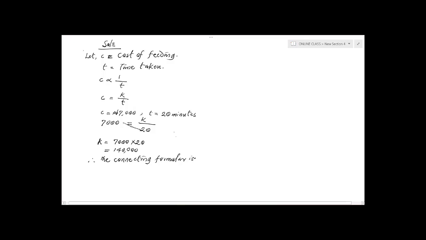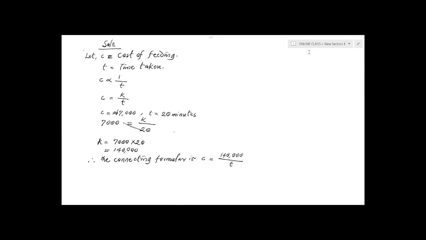You leave C, equals 140,000 over T. Hope that aspect is clear.